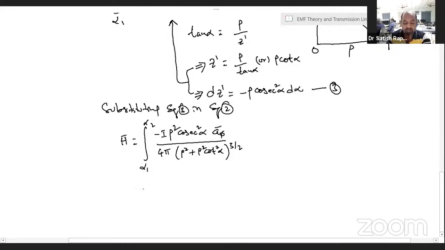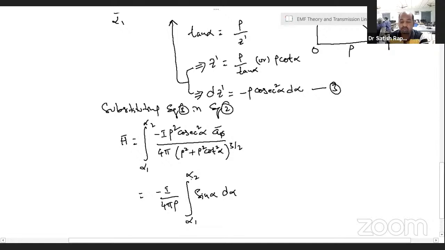And simplifying, you will get minus I by 4 pi rho, which can be taken outside, integral alpha 1 to alpha 2 sine alpha d alpha.